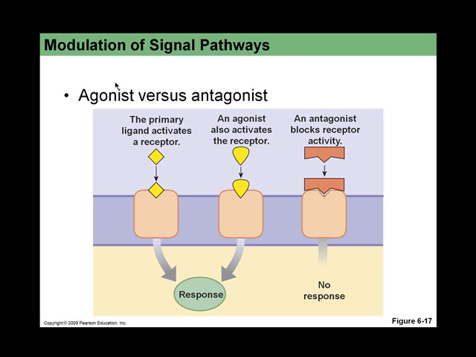The agonist versus antagonist concept are basic ideas shown on this slide. There are variations on this, so don't get locked into these basic concepts as the strict or only way that you can think about drugs that bind to receptors.